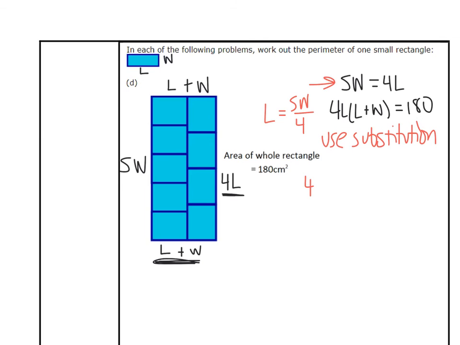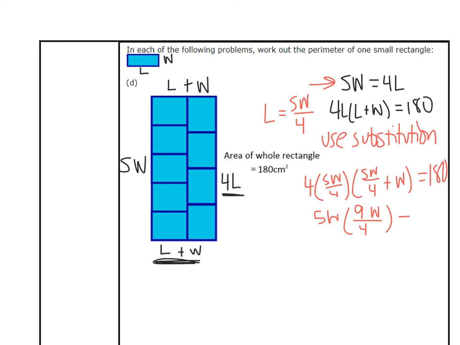So it would say 4 times L, which is 5W over 4, times L again, so 5W over 4 plus W, equals 180. Well, on the outside, I get 5W because the 4s cancel. On the inside, if I have 5 fourths W plus another W, which is like 4 fourths W, then I have 9 total fourths of W, and it equals 180.